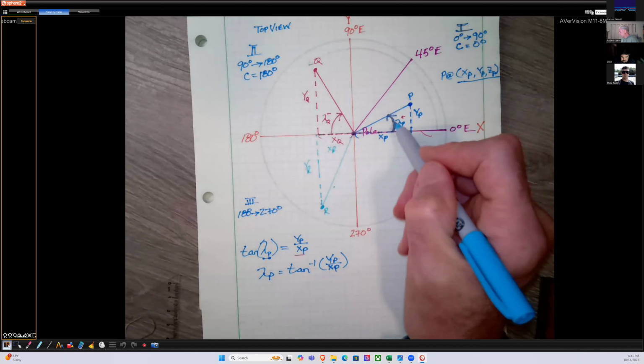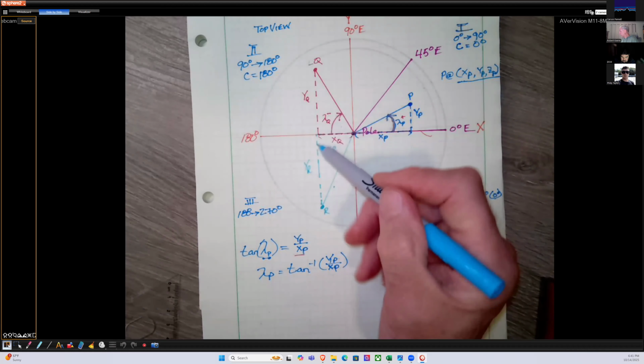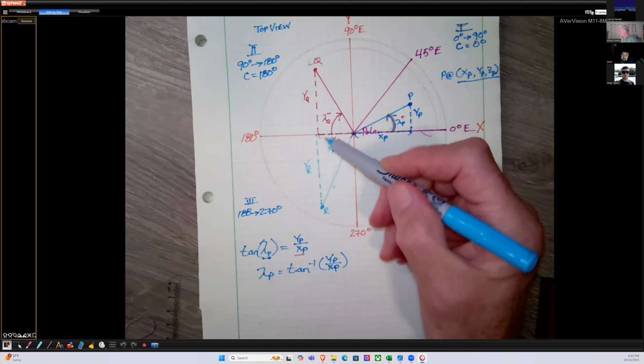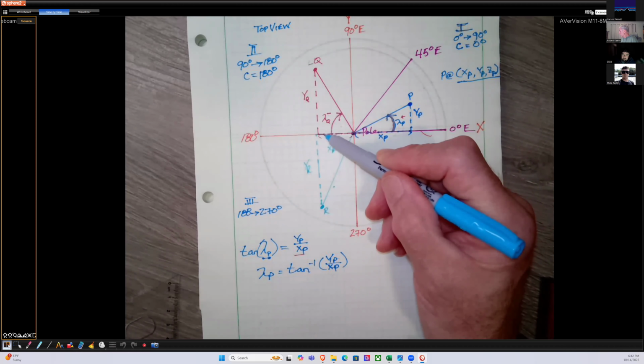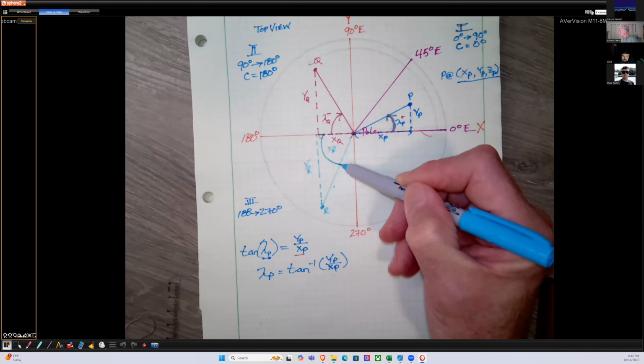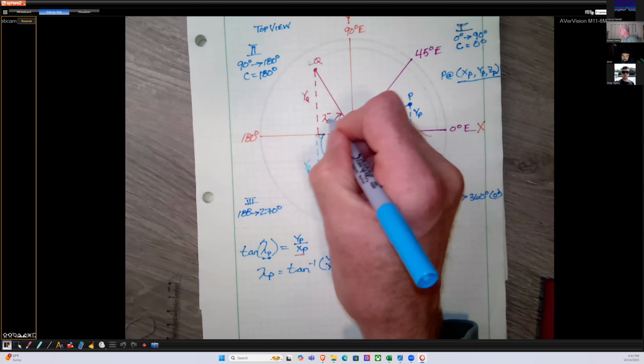Just like I drew these here, where would I draw that over here? For that lambda r, that would be going from the x-axis down into, yeah, it'd be going counterclockwise this time. Yep. This is really a misnomer.